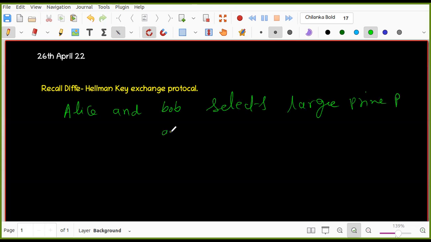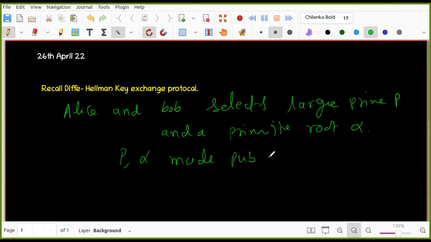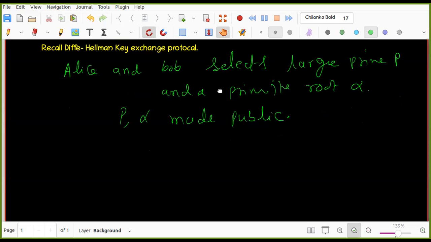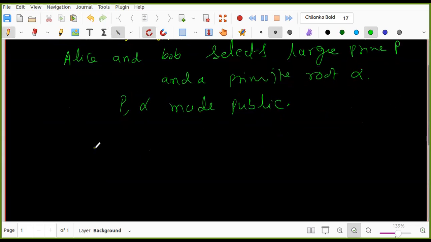And a primitive root alpha, correct? So this P comma alpha is made public. Then what will Alice and Bob do?